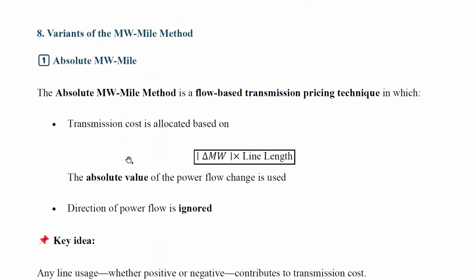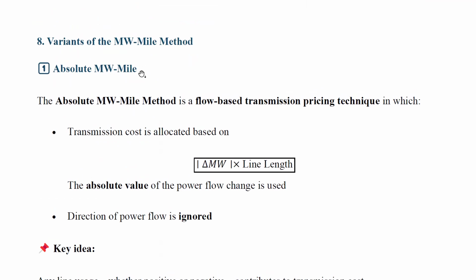What are the variants in the megawatt mile method? The first variant is the absolute megawatt mile method. The absolute megawatt mile method is a flow-based transmission pricing technique in which transmission cost is allocated based on the change in the megawatt, taking the modulus, the absolute value, of the change in megawatt into the line length. Any negative value is also made an absolute value.